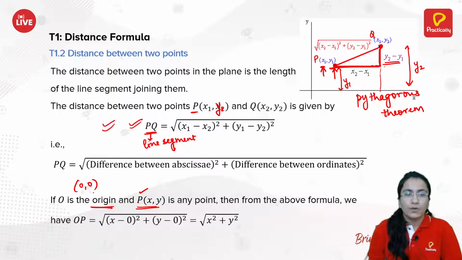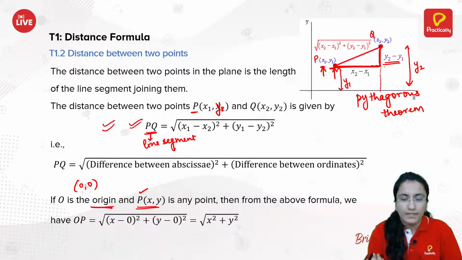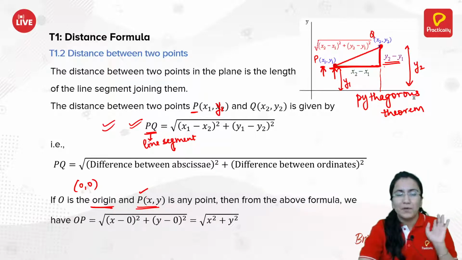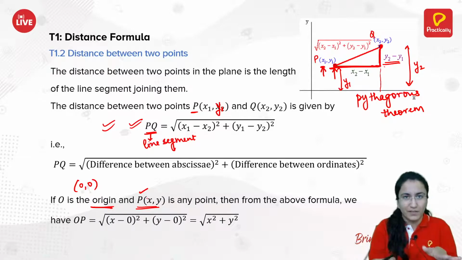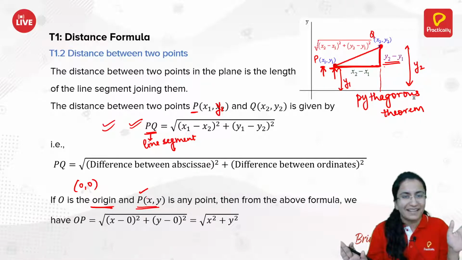The origin is 0 comma 0, so x minus 0 is the first formula you need to remember in this chapter. Like this, you just need to remember 3 formulas and your chapter will be over. That's it. We will be solving more and more questions based on this.